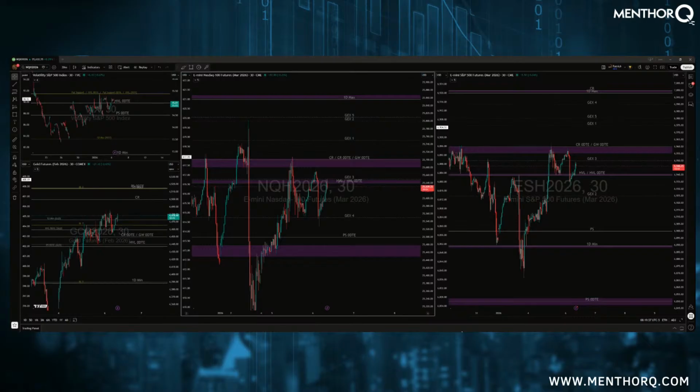Let me talk about this and clarify something. Giving clear guidance on when to enter and when to exit is not so easy, because every trader is different. Maybe I'm quick in, quick out, maybe I'm holding longer. I don't know how you trade, but I will give you one trading setup today that can help you stay patient.